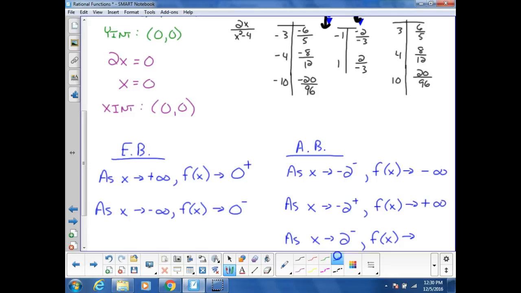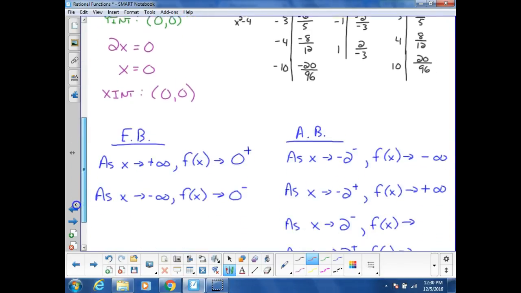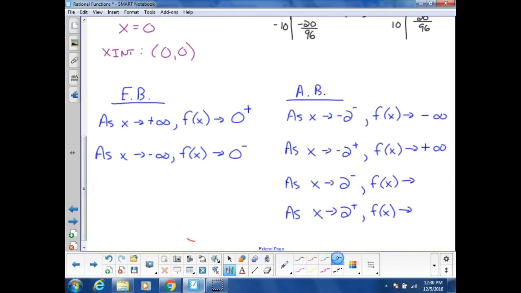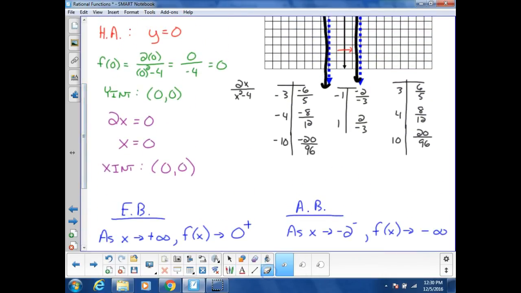As I approach positive 2 from the left, my function is going down to negative infinity. And as I approach positive 2 from the right, my function is going up towards positive infinity. Let's scroll back down to those in a minute.